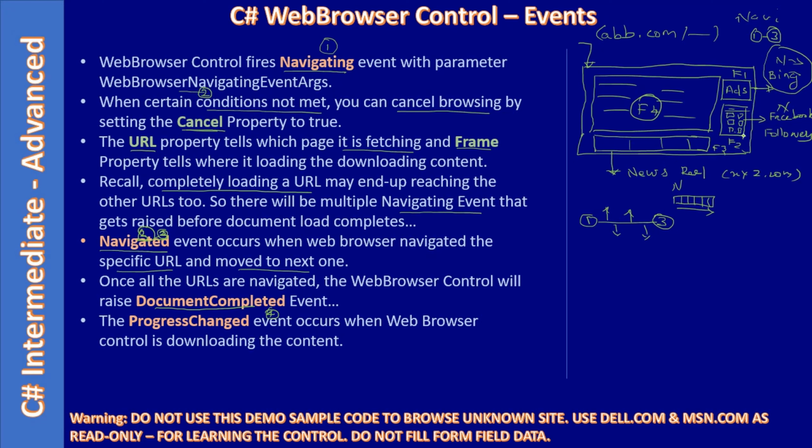Since there are multiple events, you can show the progress in the application. Wherever you want, you can place a progress bar and show how many bytes are downloaded, and based on that, increase the progress status.